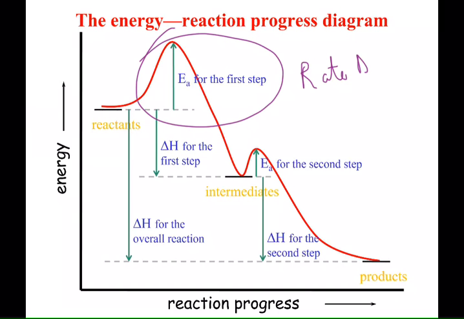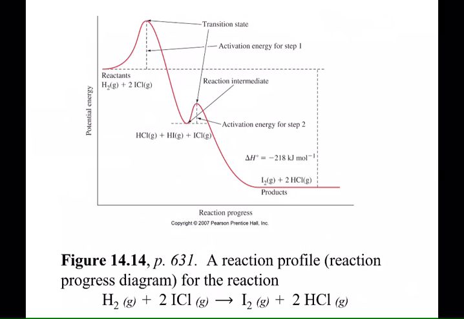Rate determining. Cool. All right. So again, looking at the same thing, I think that's kind of cool how you can get an enthalpy for the different elementary steps, and they add up to be the overall enthalpy.